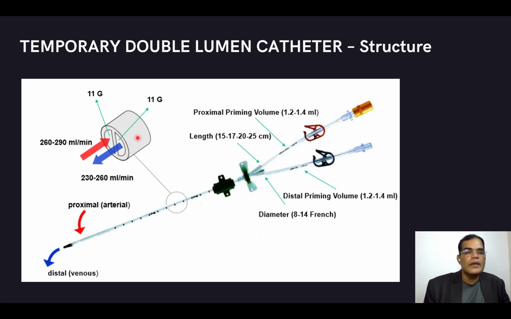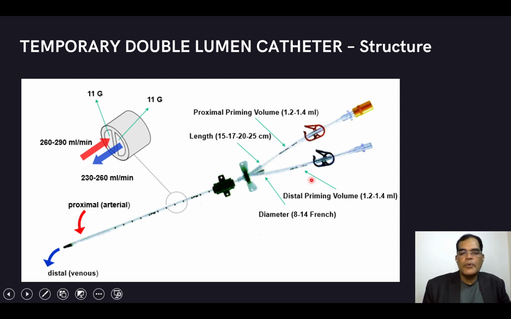There will be various gauges, and various sizes of catheter are available in terms of length, and the diameter of the catheter will also be mentioned over here. The length of the catheter will be mentioned over here. So we can choose or order what size of catheter we require.